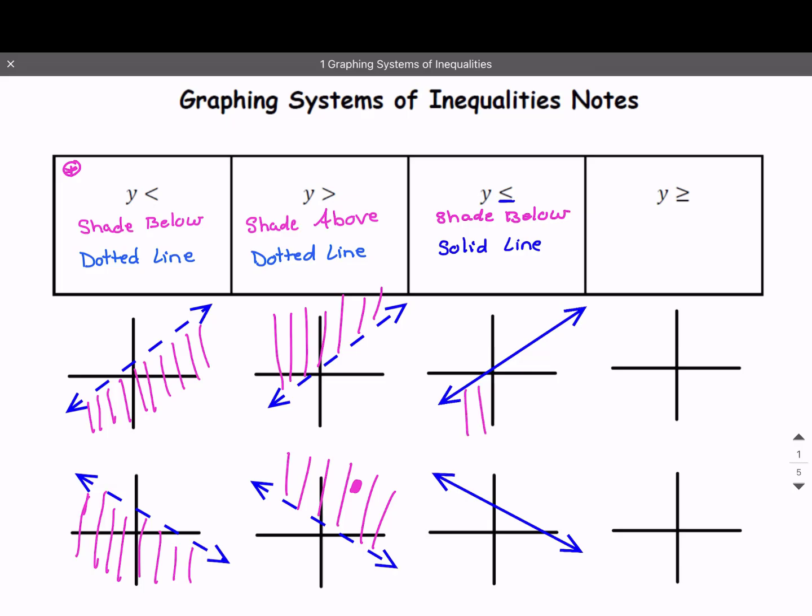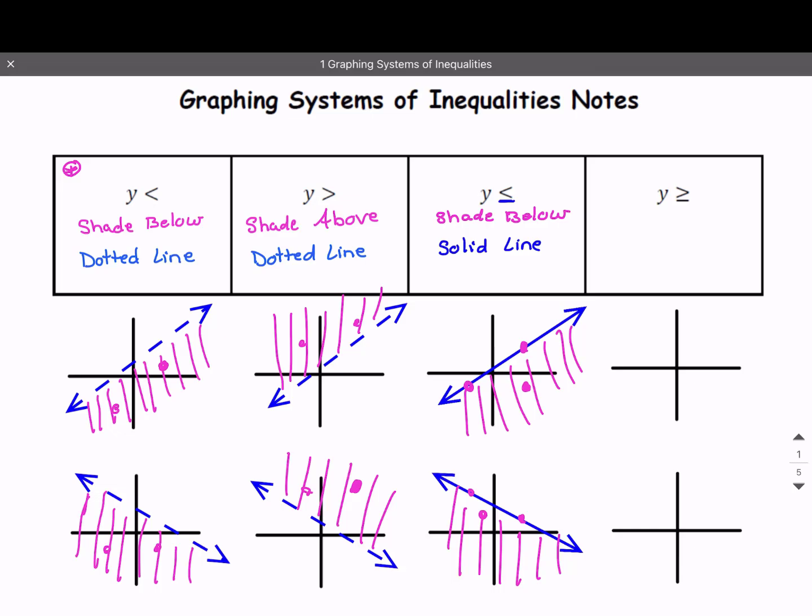And this time we shade below and we shade below. So any points in this shaded region or on the line would be solutions. So in our first two examples, only points in the shaded regions could be solutions. But now that we have a solid line, points that are also on the line can be a solution to the inequality. And the last one is y greater than or equal to.